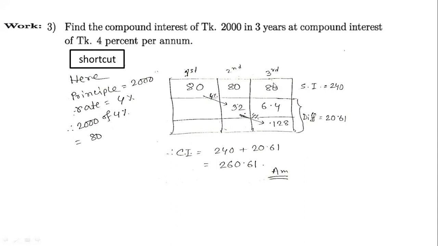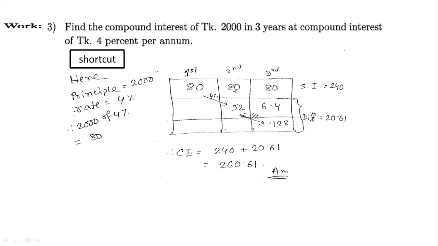That's why I have written the first year, second year, third year, because we are talking about 3 years. In the first year, simple interest is 80. Second year, simple interest is 80, and third year, simple interest is 80.